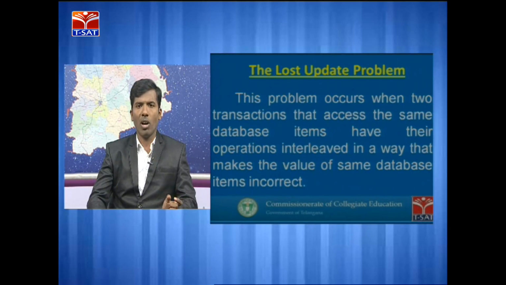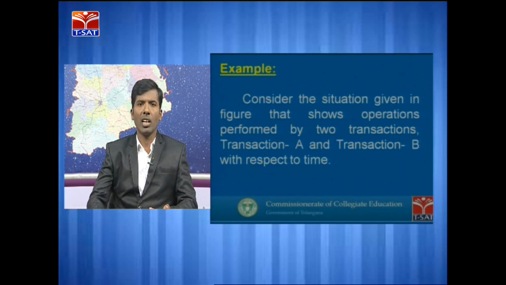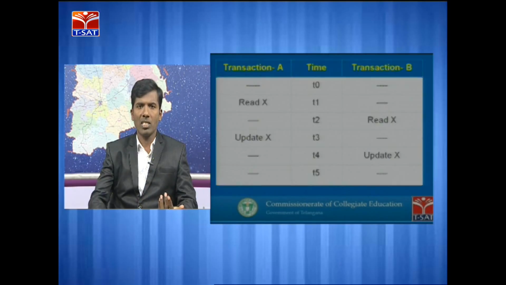Now let me explain how this lost update problem arises by taking one example. Let us suppose there are two transactions, transaction A and transaction B, and they have their own operations which need to be performed simultaneously.